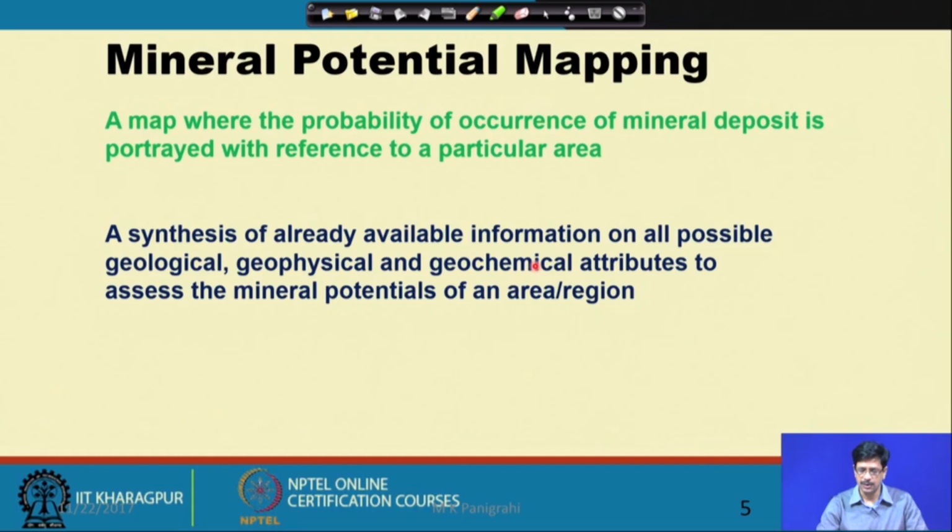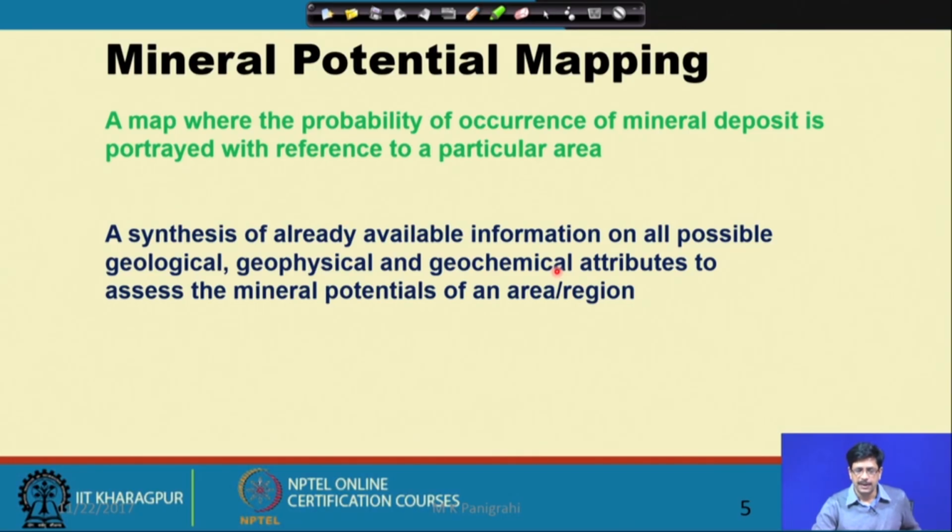Geochemical attributes are also in terms of geochemical anomaly, in terms of concentration in ppm or ppb of any metal of interest, which are also numerical data. They can be assessed, and we need a methodology where all these types of data corresponding to the same space, bound by the geographical coordinate, could be synthesized.